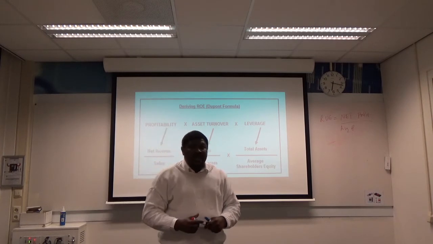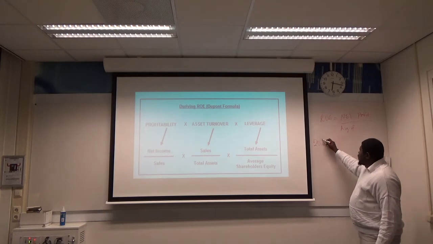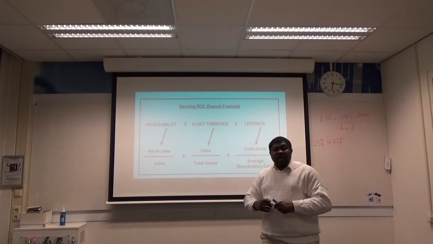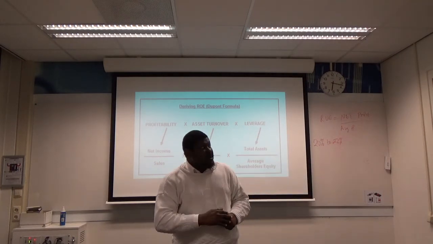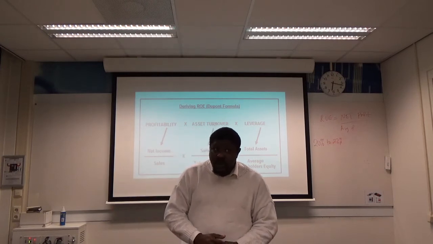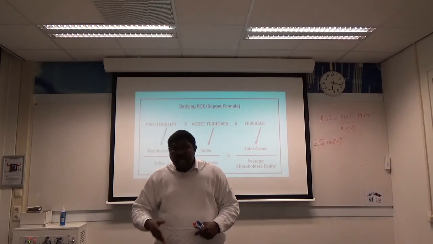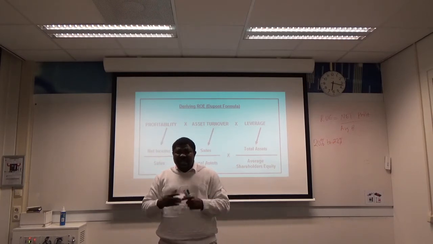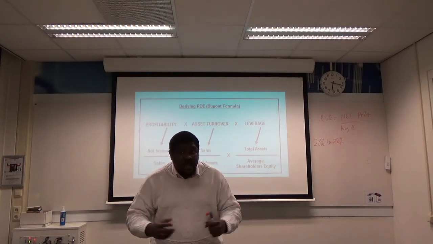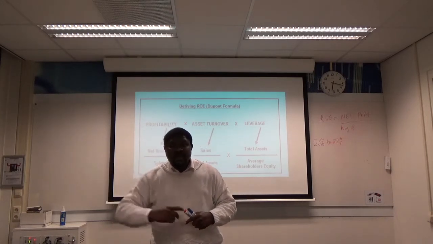For example, if the ROE moved from 20% to 22% in 2019, it was difficult to predict what the ROE would be for 2020 or 2021. So they decided to break the ROE into three constituent parts. With this, we are able to ask questions: is the increase in ROE a good thing? And what will be the ROE in the future, for example, in the next years?